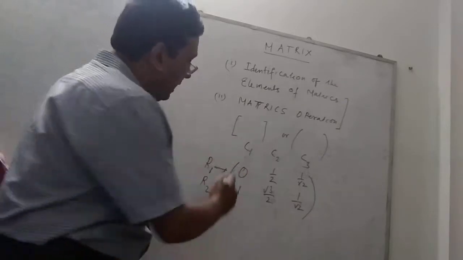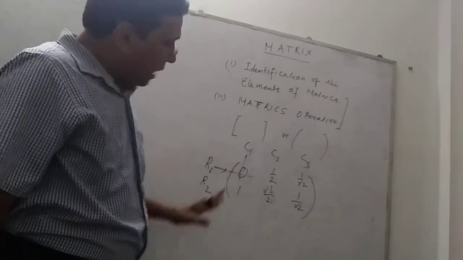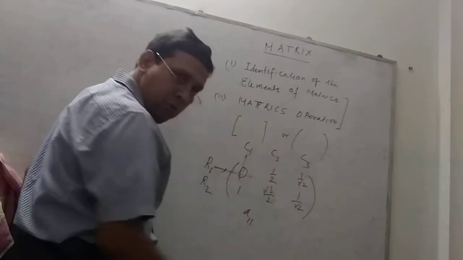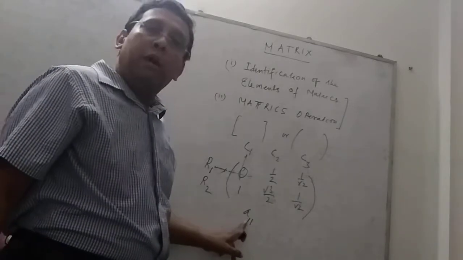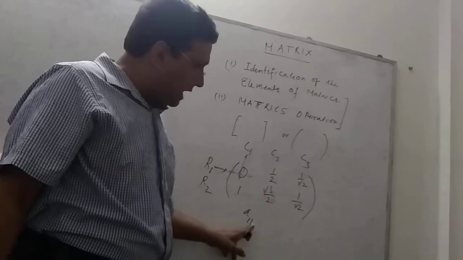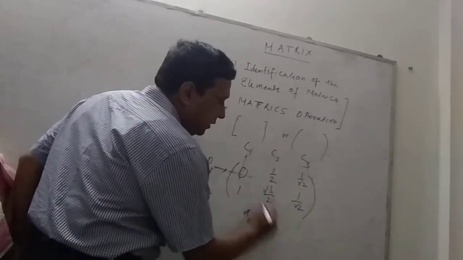This intersecting point is the location of this 0. And this we can generally define in matrix as A11. A11 means the first index is along the row and the second one is the column. So A11 is equal to 0.